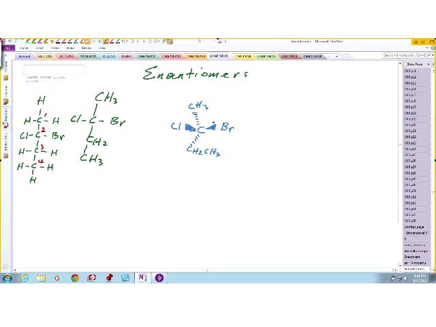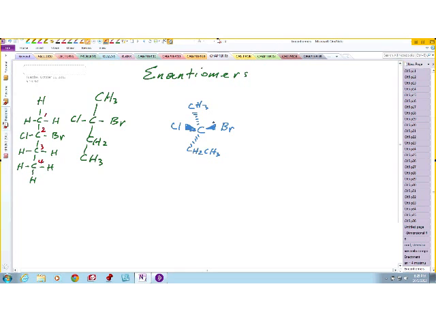What I've given you here is this structure. Think of this as the bromine, the chlorine, think of this as the methyl, and think of this as the ethyl. This is what I've drawn for you. The chlorine and the bromine are coming straight at you.